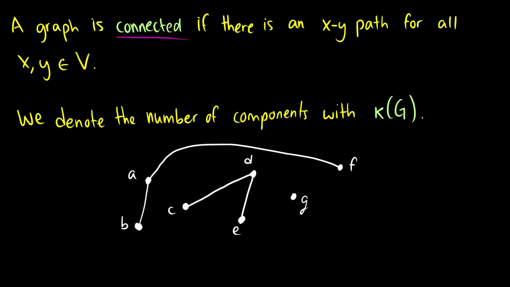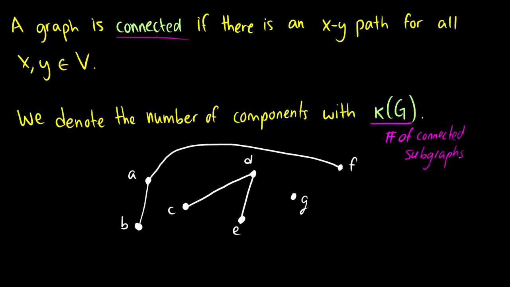So what this means is that if every vertex is connected to every other vertex, then the graph is connected. If it's not connected, then we take a look at the number of components it has. So a component, which we'll call kappa of G, is really just the number of connected subgraphs. We'll talk about subgraphs next time, but this is just the number of connected subgraphs.